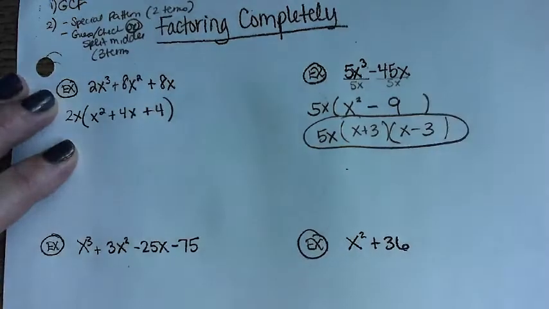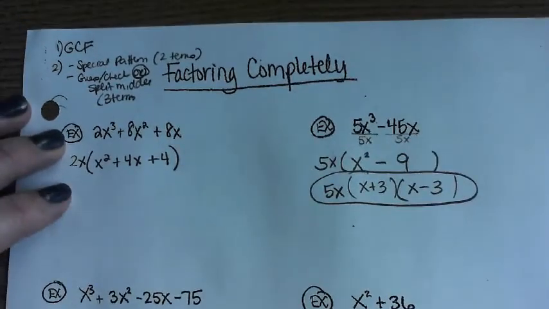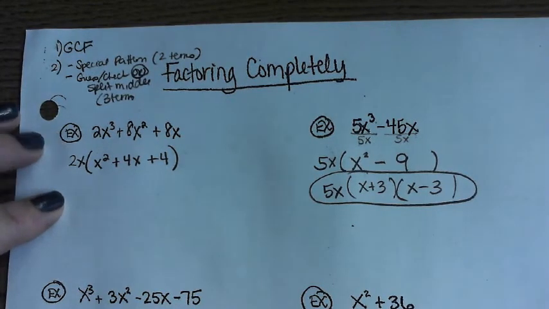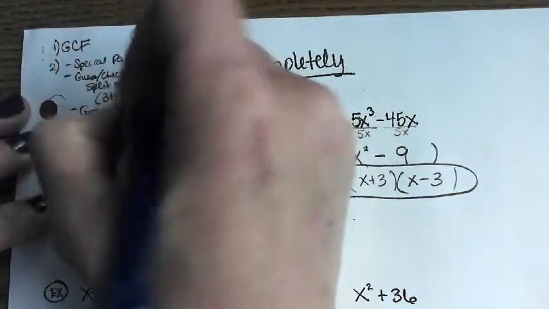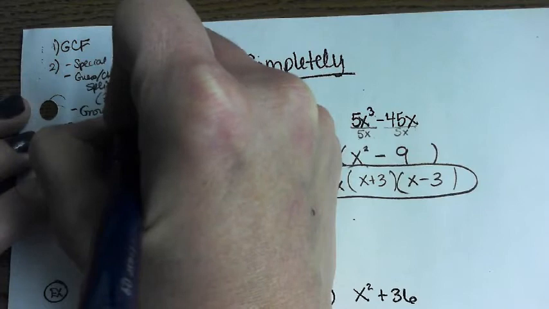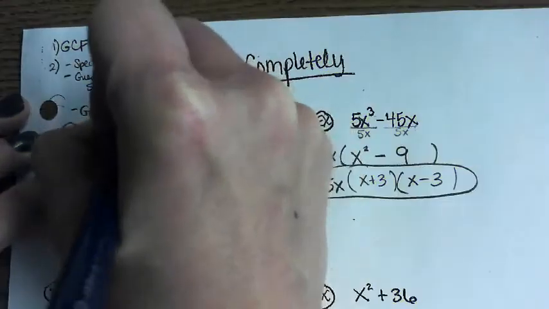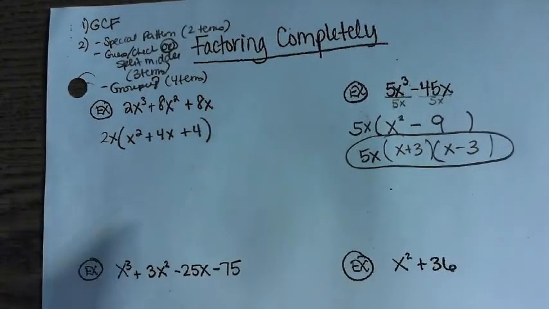And what's the method if there are 4 terms? Starts with a G. Grouping. So if we have 4 terms left once we take out a GCF, we group. So this being 3 terms and being just a plain old x squared, it's fairly easy to factor.